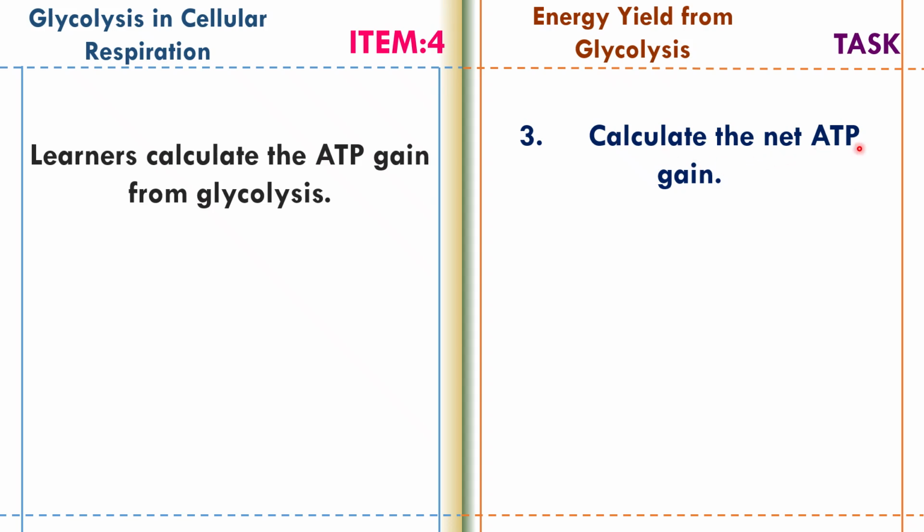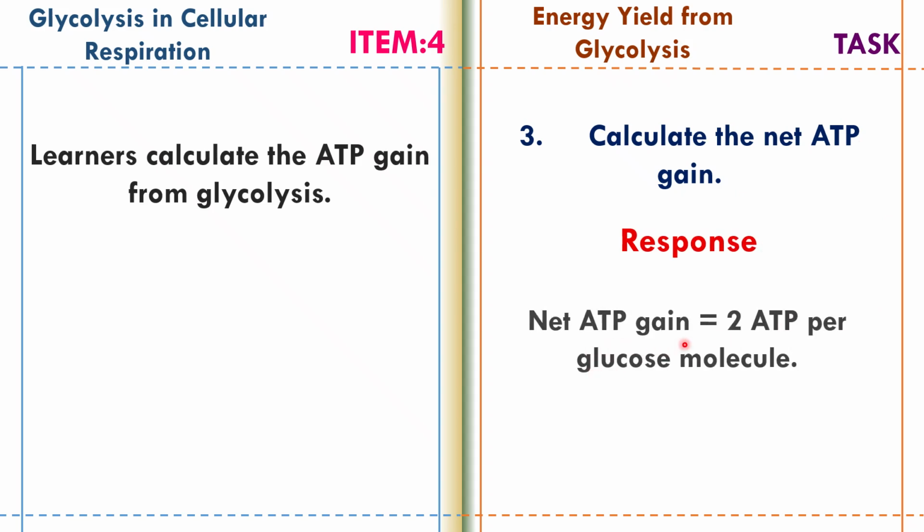Calculate the net ATP gain. Net ATP gain equals 2 ATP per glucose molecule.